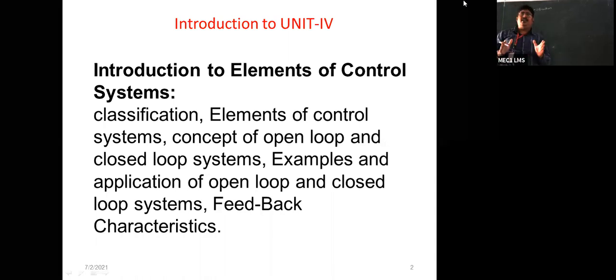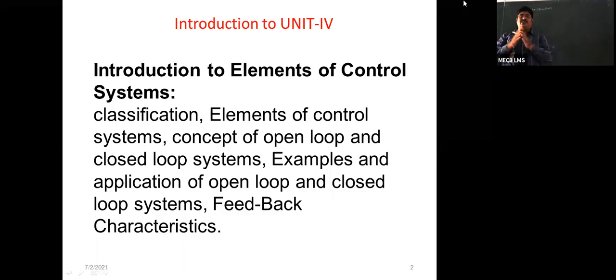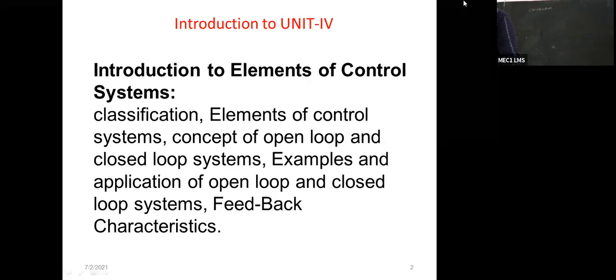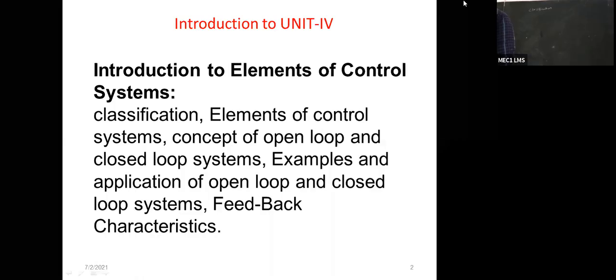Here in this unit, especially, two types are there: one is open loop control system, another one is closed loop control system. We will discuss some examples for open loop, and more examples for closed loop.